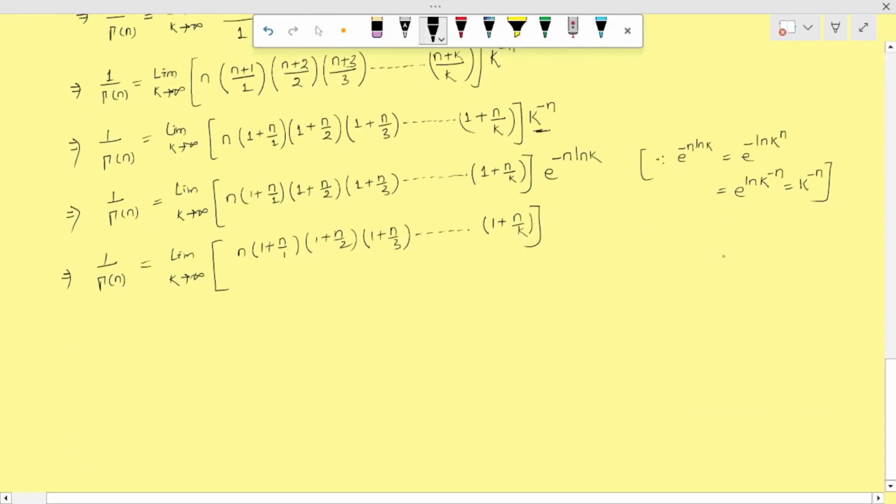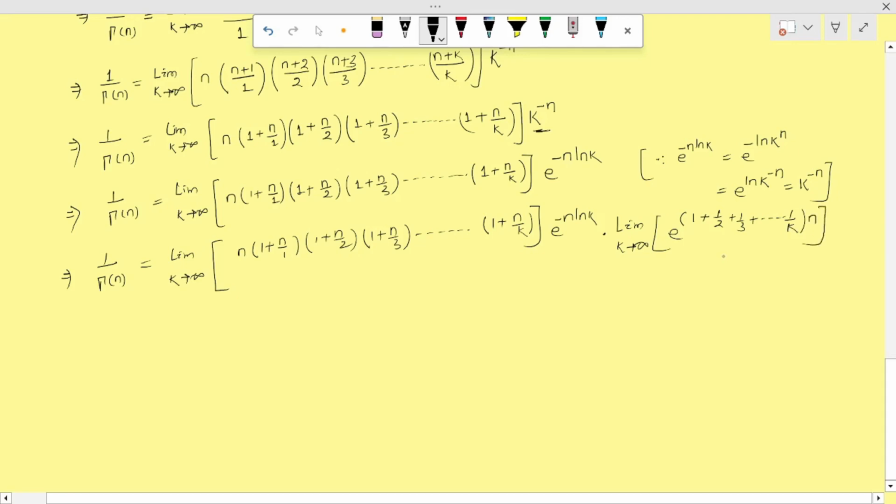Then e to the power minus n ln k, I have written as such. Here I multiplied one infinite limit, and I am going to divide by the same infinite limit, that is limit k tends to infinity of exponent to the power (1 plus 1 by 2 plus 1 by 3 plus up to 1 by k) into n.